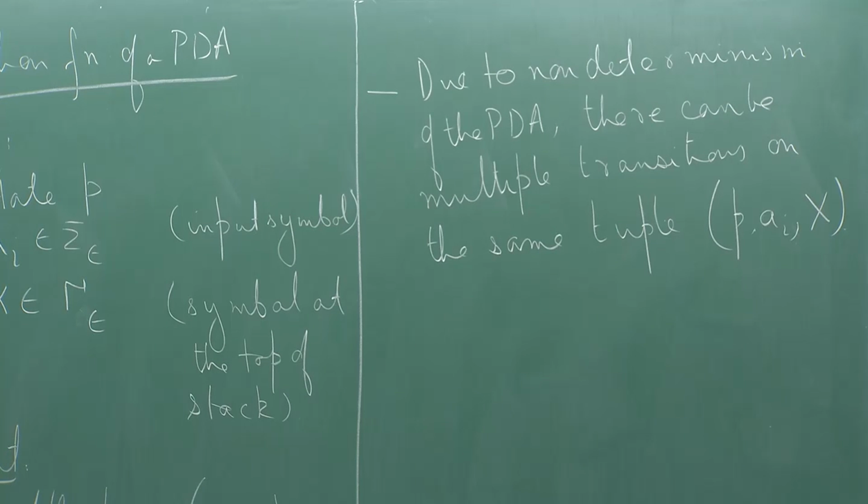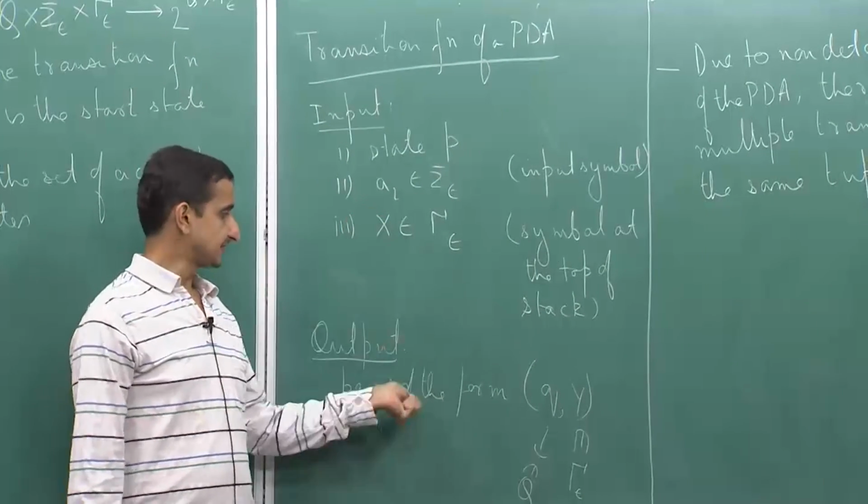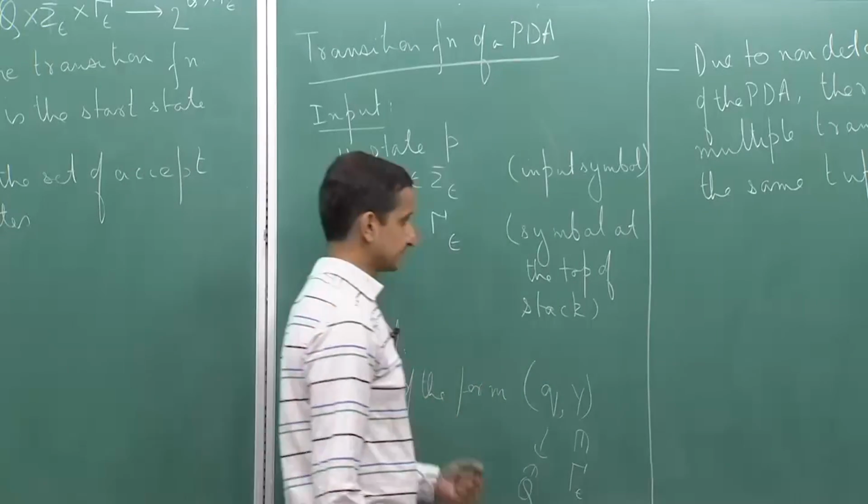This is why we say that it is like an epsilon NFA, a non-deterministic finite automata, because there can be multiple such pairs.